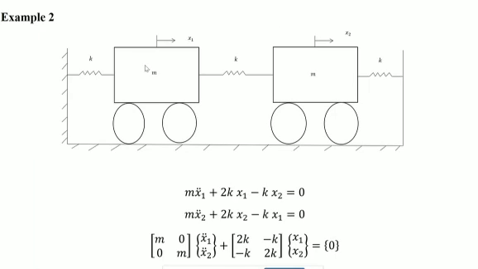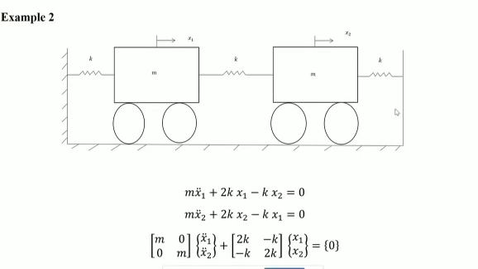While the second mode shape and second frequency will be there, which can be calculated from this equation, by putting in the values of the k's adequately, you can find out the second natural frequency and the second mode shape.